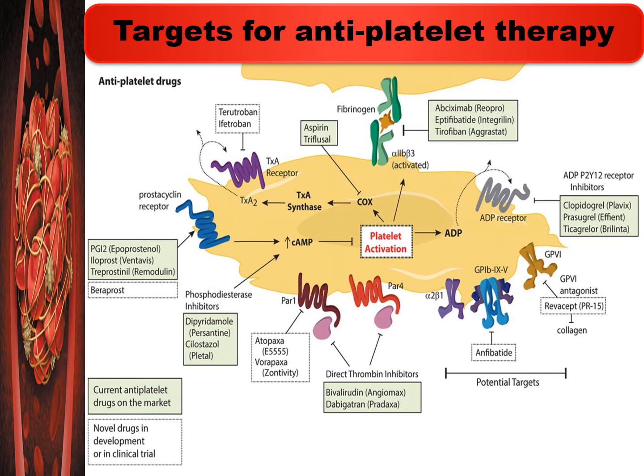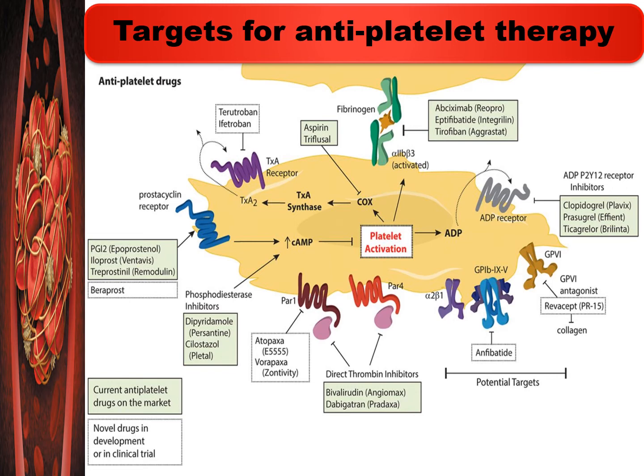Further, this cyclooxygenase, in the presence of thromboxane A synthase, makes thromboxane A2. This thromboxane A2 binds with the thromboxane A receptor, which is also inhibited with the help of thromboxane A receptor antagonists like terbogrel.